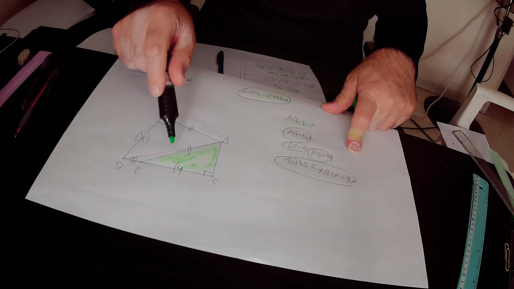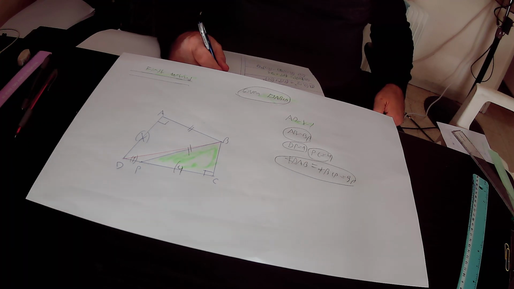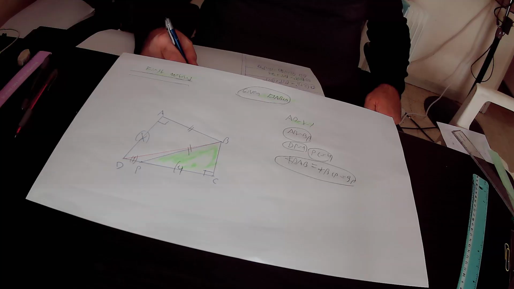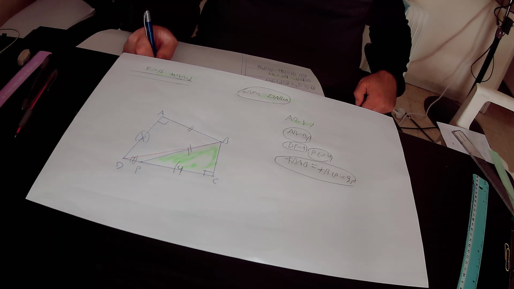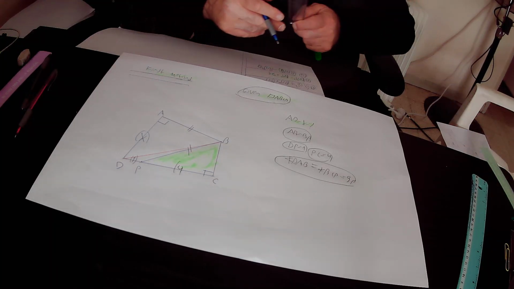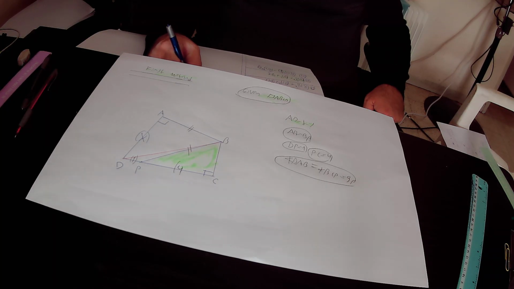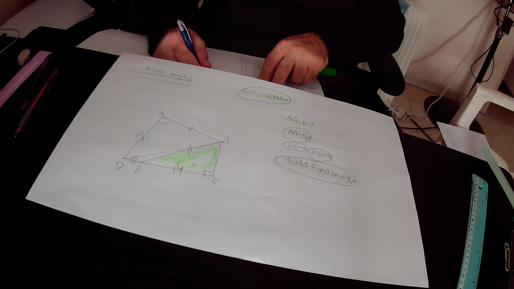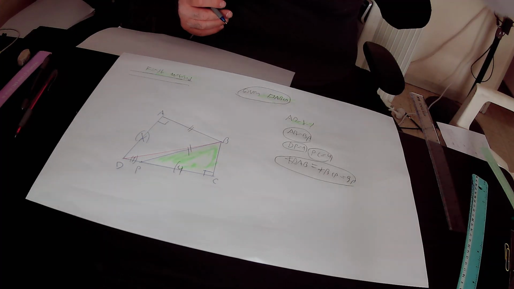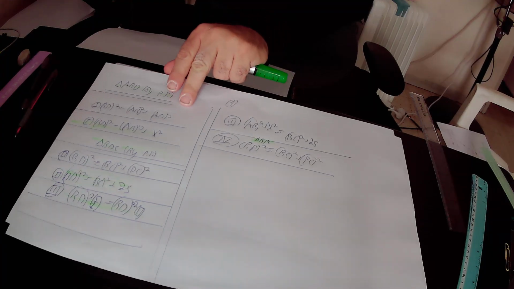According to the Pythagoras theorem, in this small right triangle BPC, BP squared, that is the square of the hypotenuse, equals BC squared plus PC squared. This is equation 4.